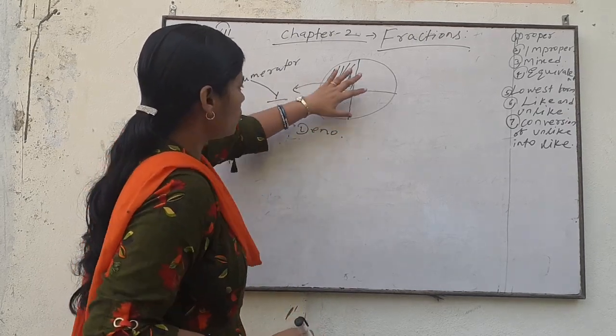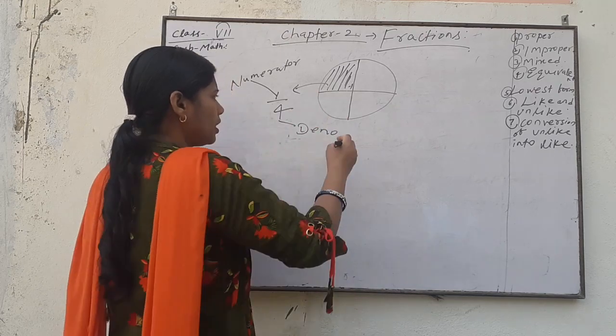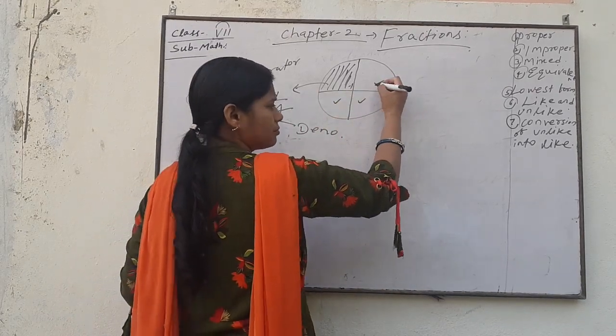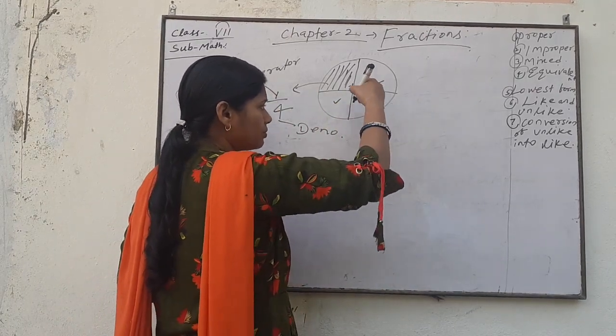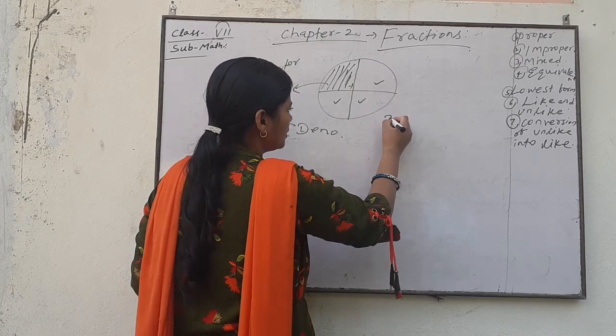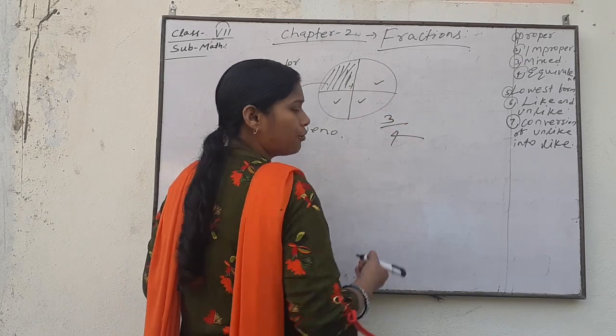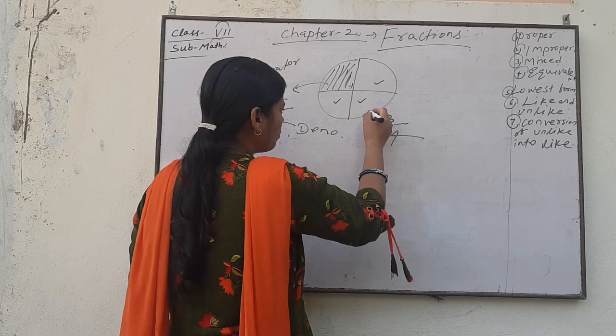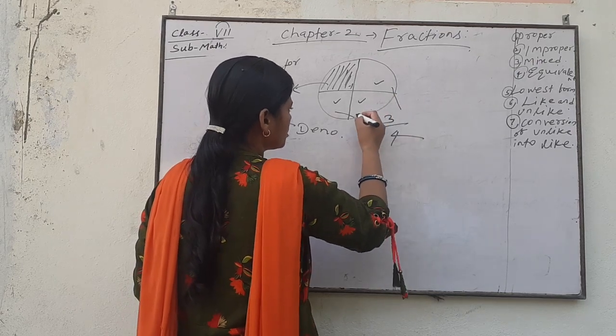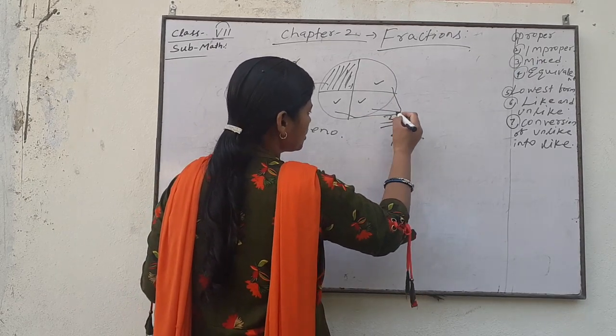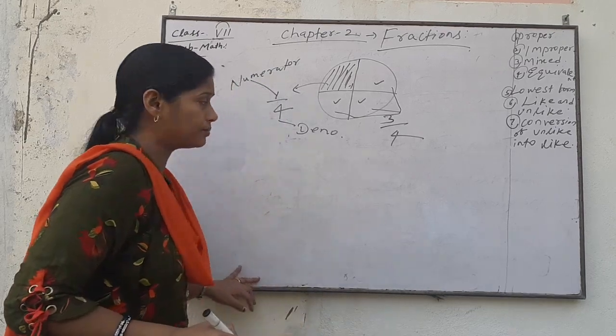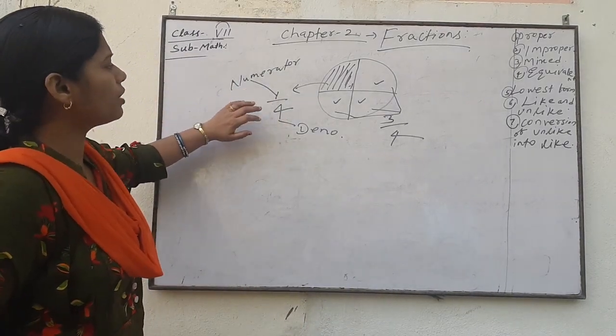And your unshaded part, here how many unshaded parts? The 3. So what is the fraction of this unshaded part? This is your 3 by 4. Your fraction of unshaded part is 3 by 4.